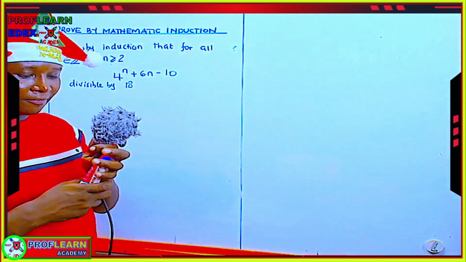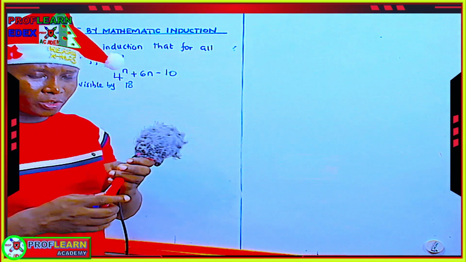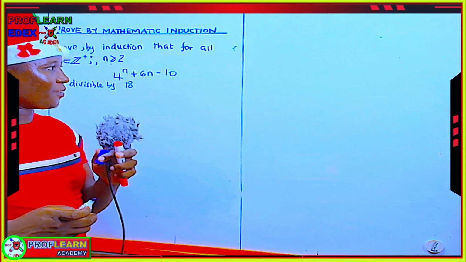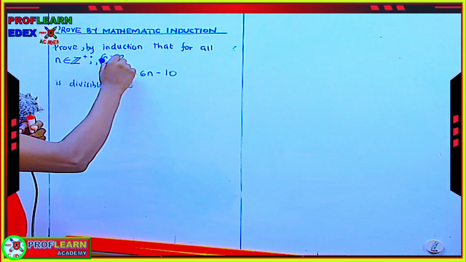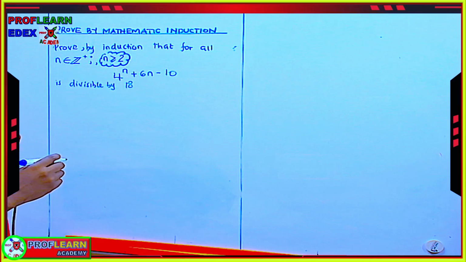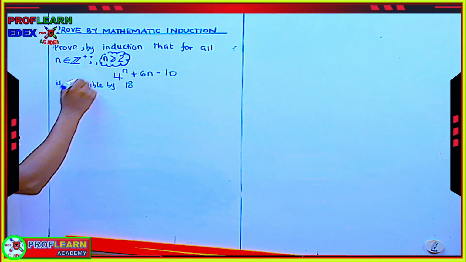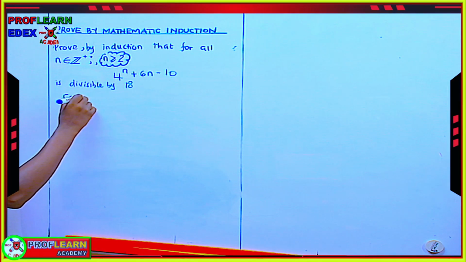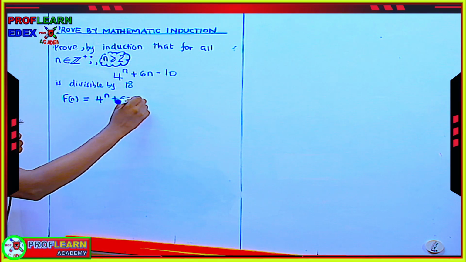We say that the first step is you need to check whether that statement is true for n greater or equal to 2. So we are going to say this expression that we have can be written f of n is 4 raised to power n plus 6n minus 10.